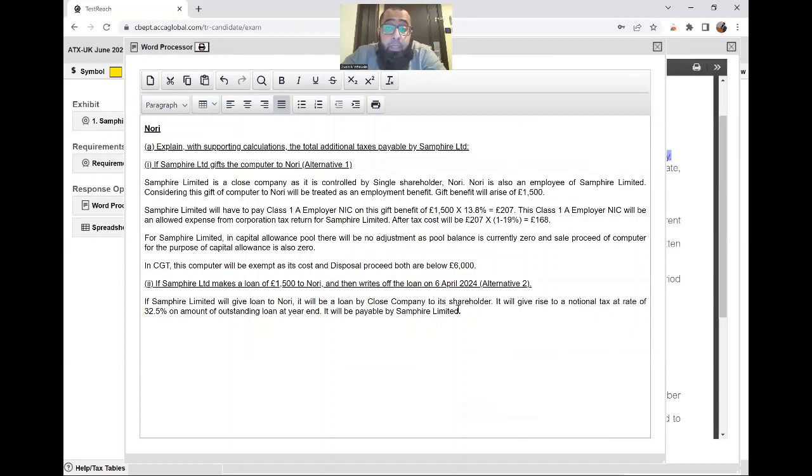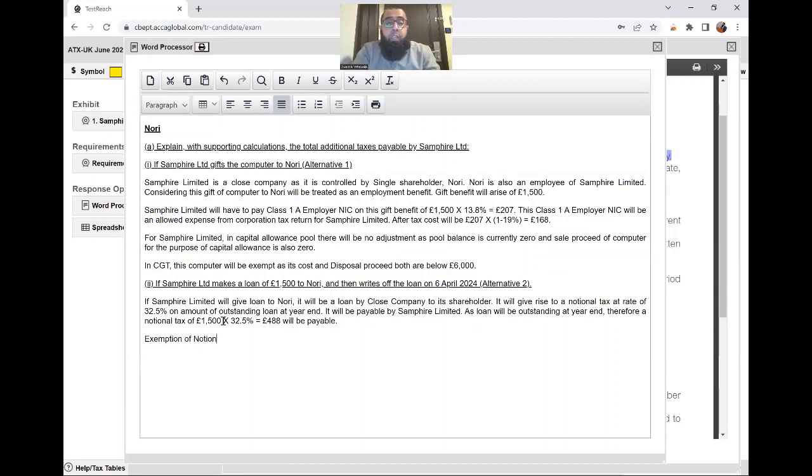Okay. As the loan will be outstanding at year end, therefore a notional tax of 1,500 into 32.5%, which is 488 pounds, will be payable.